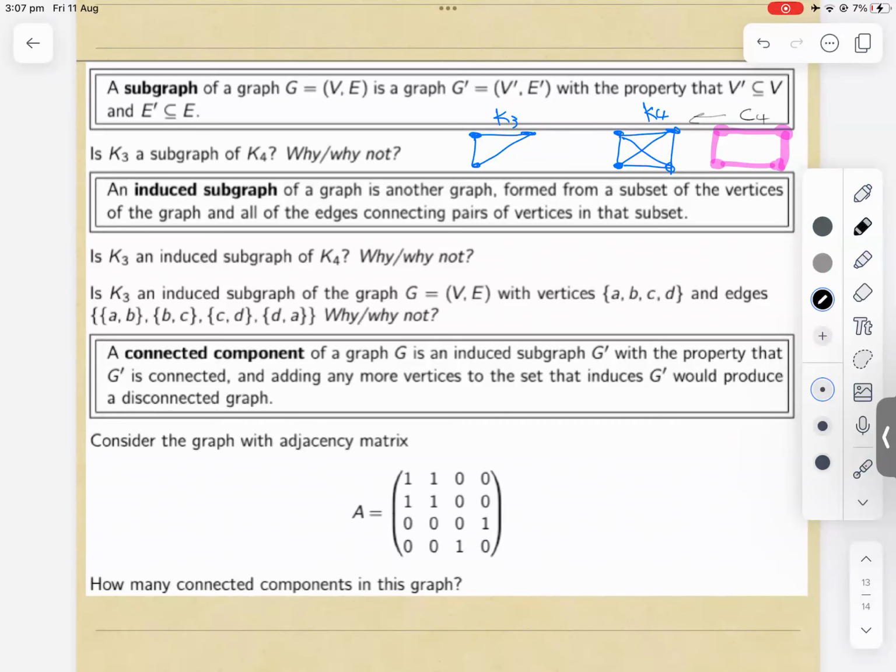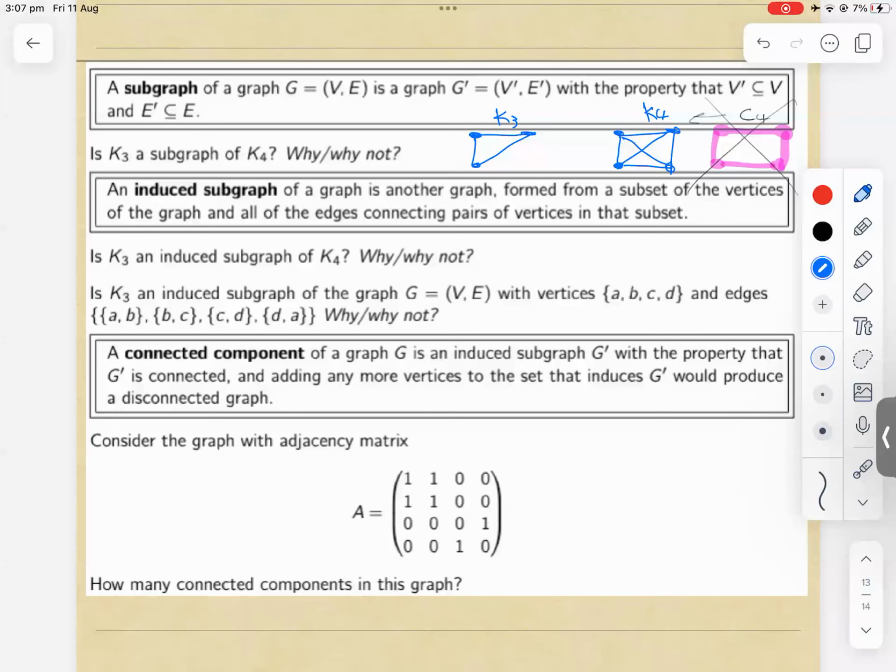Okay. Why? So it's not an induced subgraph. You are not with me, yeah? Don't just accept what I say, okay? Sometimes I do make a mistake.